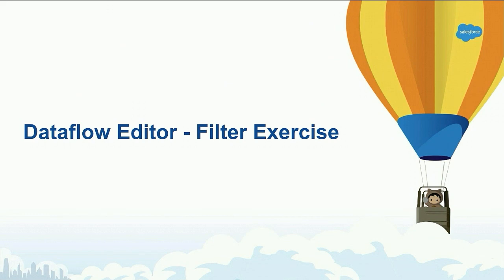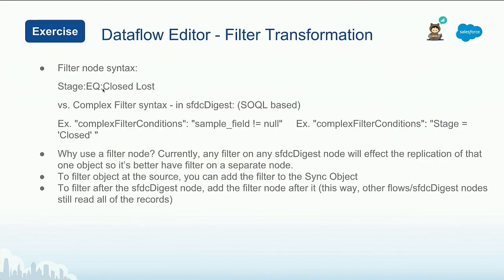Another node in Dataflow Editor is the filter node. Now the filter node, we saw that in the previous exercise where we used something similar to dup flag equal NA. So again, the filter node is simply something you drag and drop in the Dataflow Editor and you add it after the node that you want to filter the data.